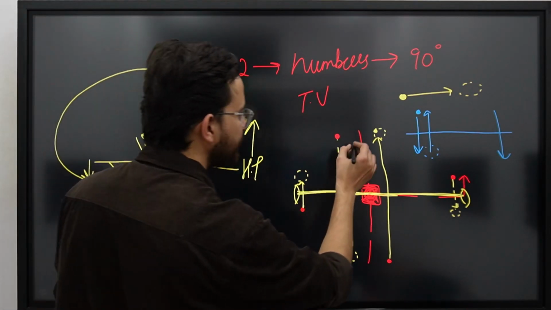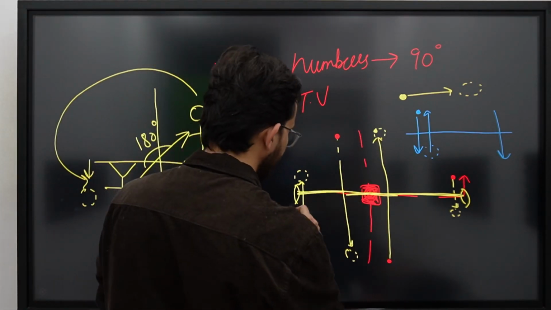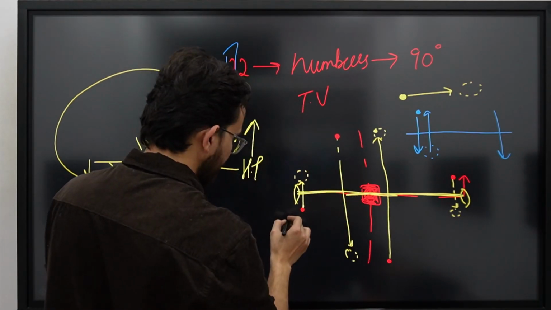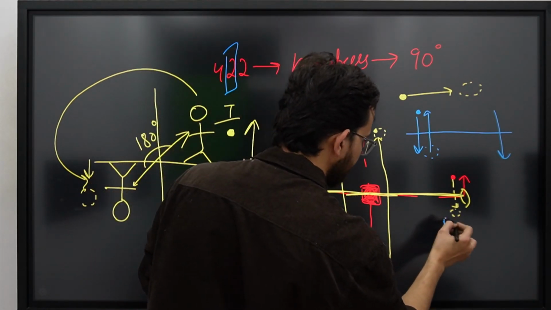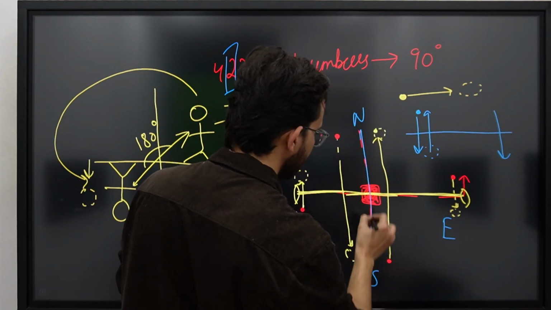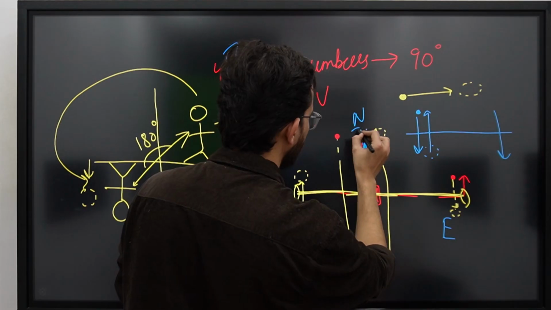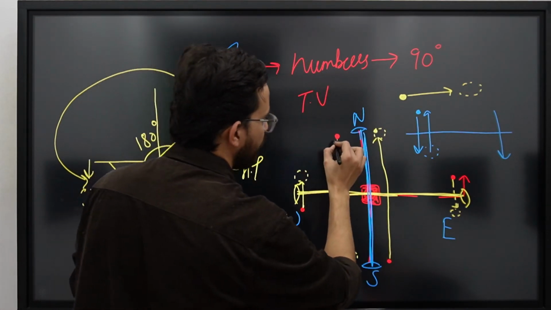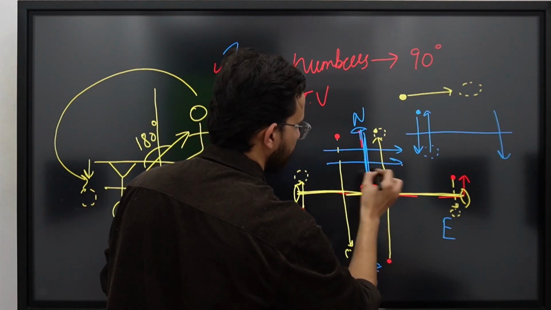Now let us imagine the third twofold. If the first twofold is in the west-east direction, the other twofold must be in the north-south direction. So this is my twofold axis, right? How will this rotate? This will rotate in this manner.